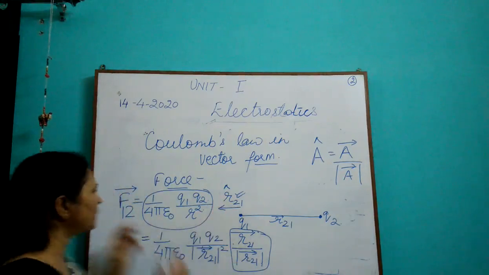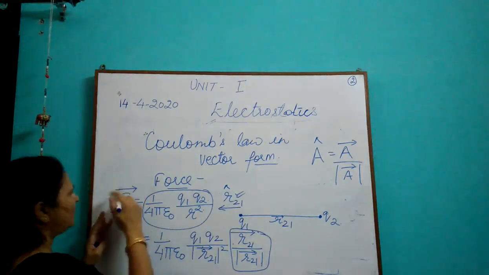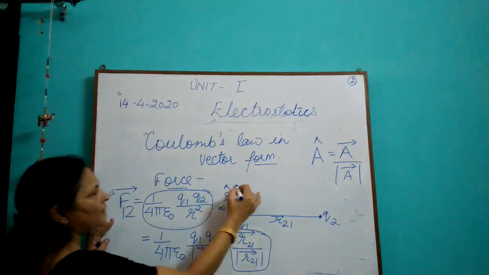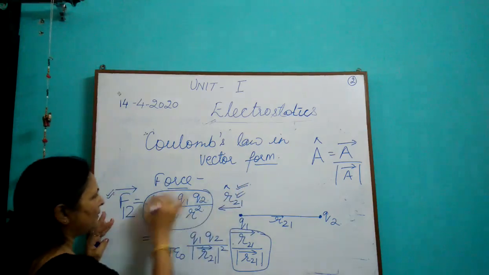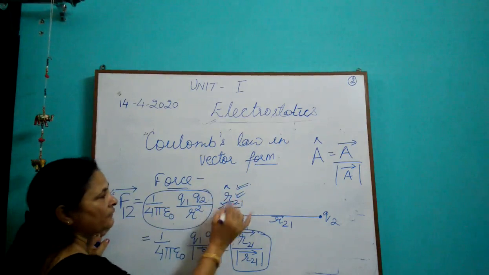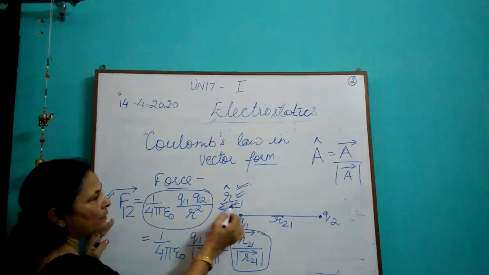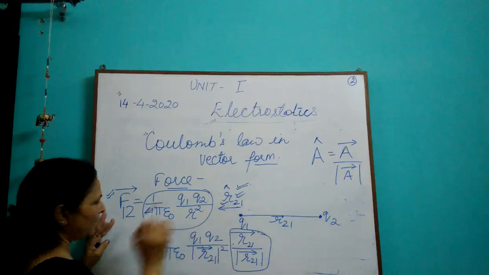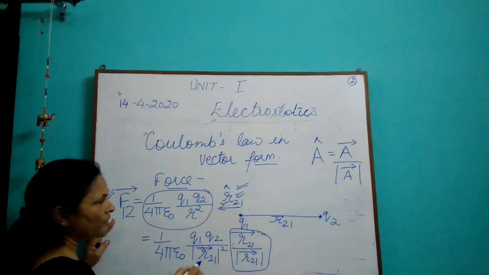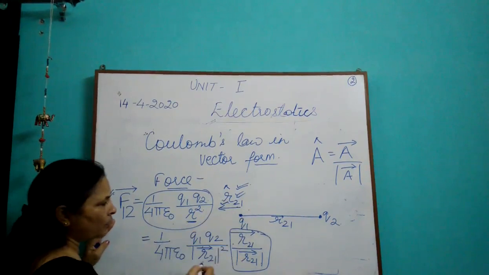Unit vector R21, you can see this expression now. This is in vector notation: vector on the left hand side, vector on the right hand side. Magnitude is not being changed, but the direction is specified, that the direction is from 2 to 1. And here now we have introduced this. R is replaced everywhere by R21.